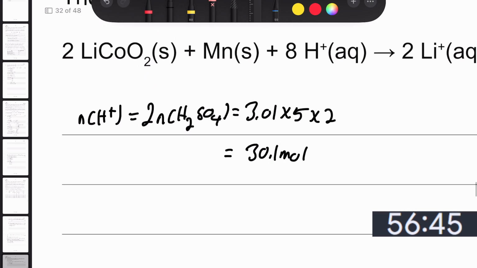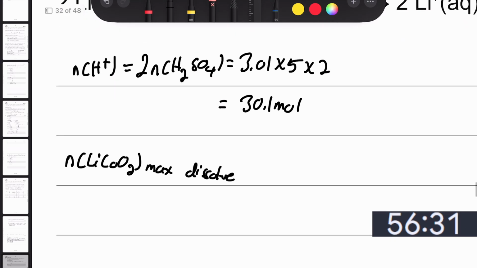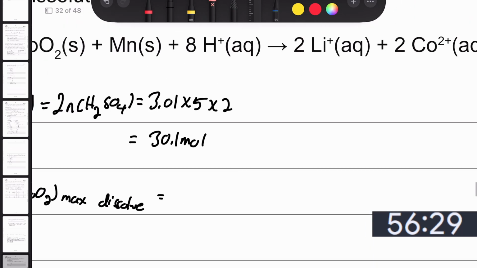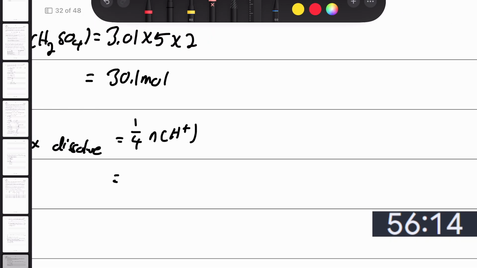So then we'll say number of LiCoO2 max is going to be equal to a quarter of the number of H+, which is going to be equal to 30.1 divided by 4, which is 7.525 moles.